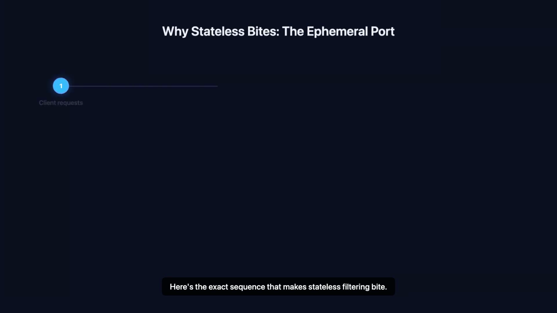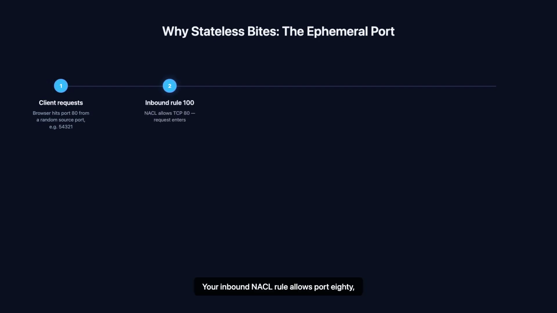Here's the exact sequence that makes stateless filtering bite. The client's browser opens a connection to port 80, but it picks a random high-numbered source port for itself, say 54,321. Your inbound NACL rule allows port 80, so the request sails in.